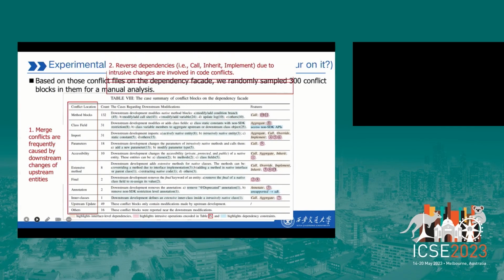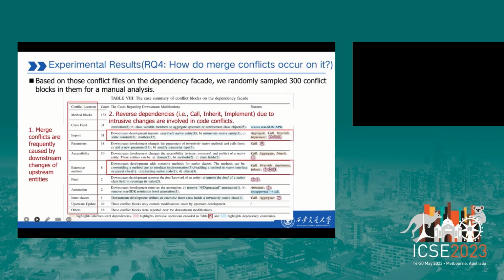And then we also find reverse dependencies like call, inherit, implement due to intrusive change are involved in code conflicts. And merge conflicts also occurred in non-SDK API chains which are related to dependency constraints.